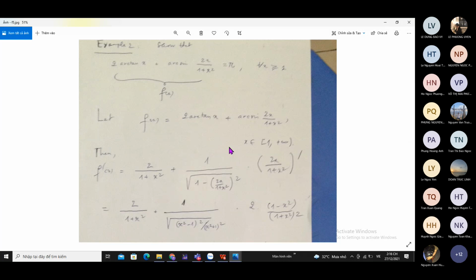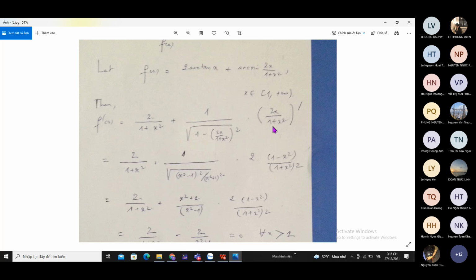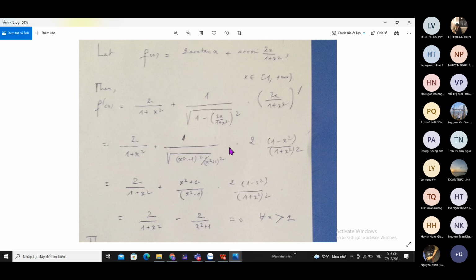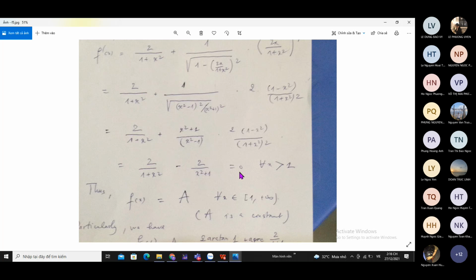By a very simple computation, we simplify something. You see here, the derivative of x over 1 plus x squared gives you 1 minus x squared over 1 plus x squared, all squared. We apply the quotient rule here. And as you can see, it gives you 0.